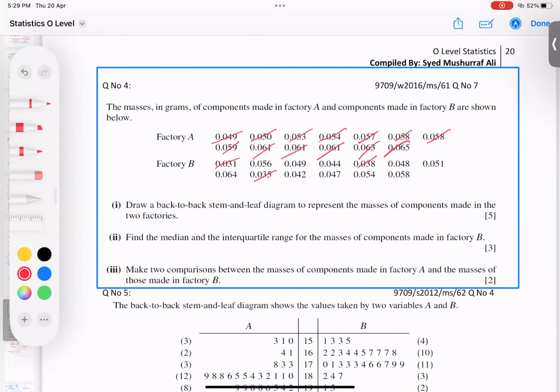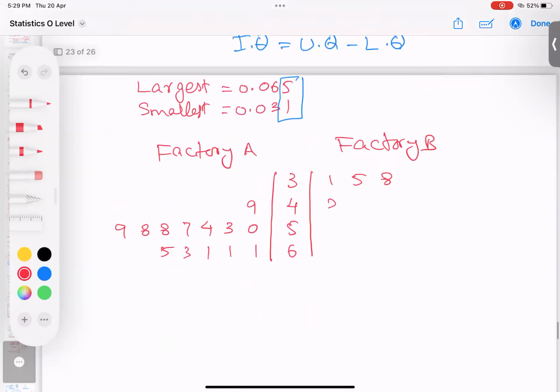Then I see the 40 values: 42, 44, 47, and 8 is also there. So 2478, and 9. 2478 and 9.